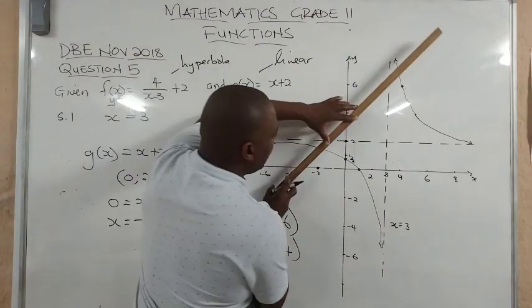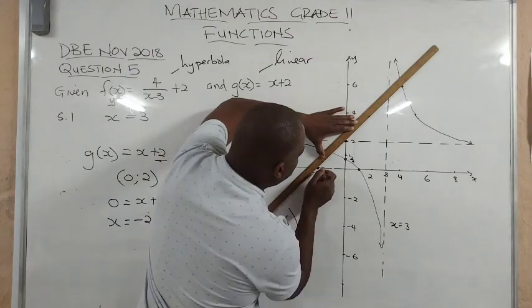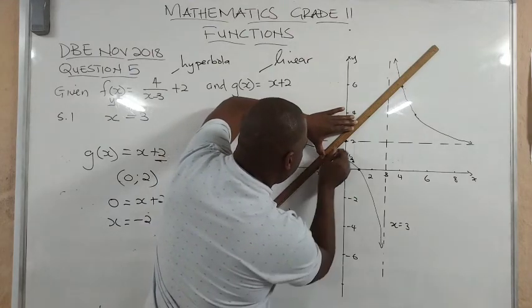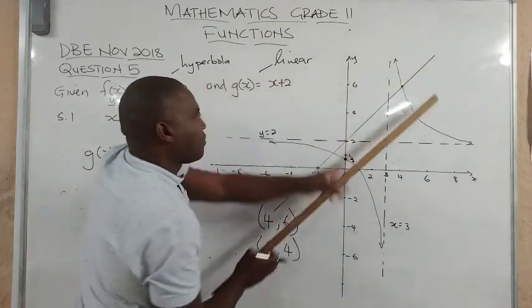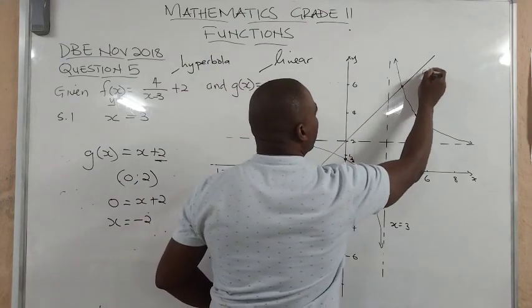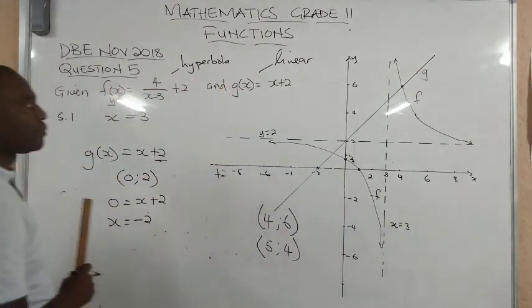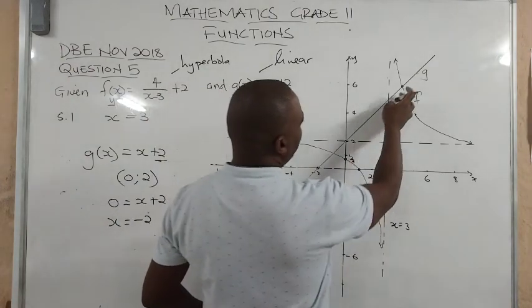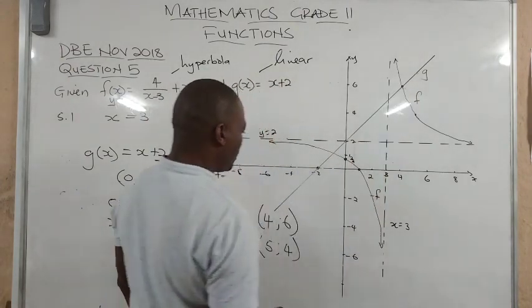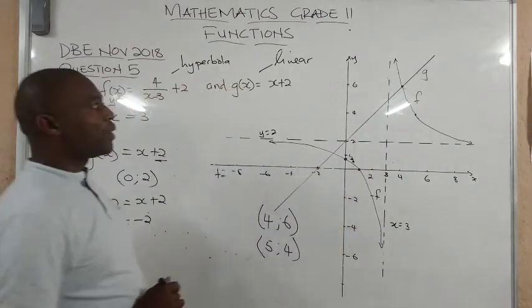Then we now join these 2 points. So this is our G, that's our F. By coincidence, we can also see that this point, which we have already calculated, (0, 6), is a common point.